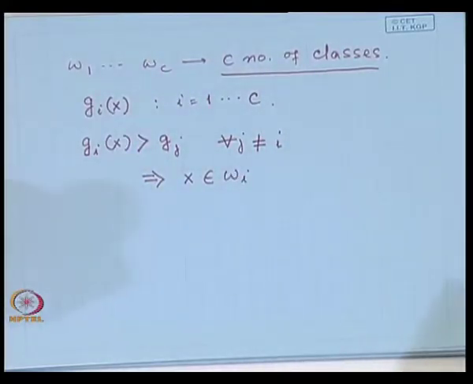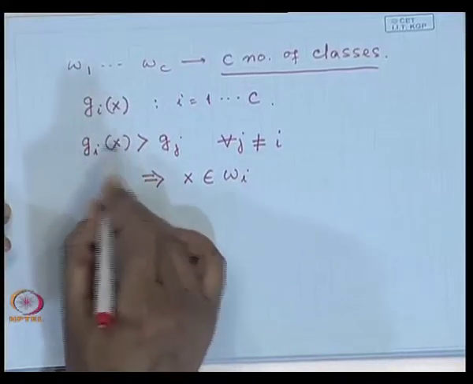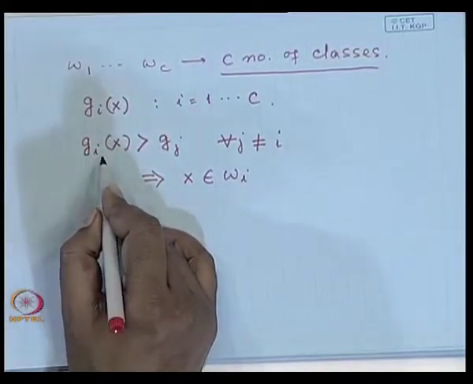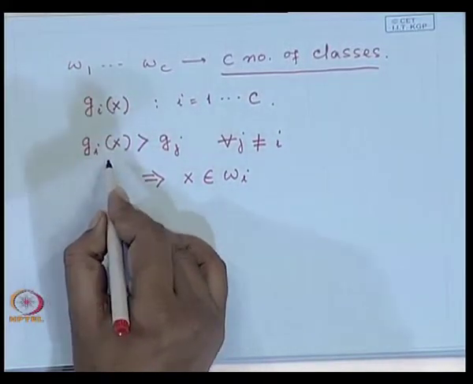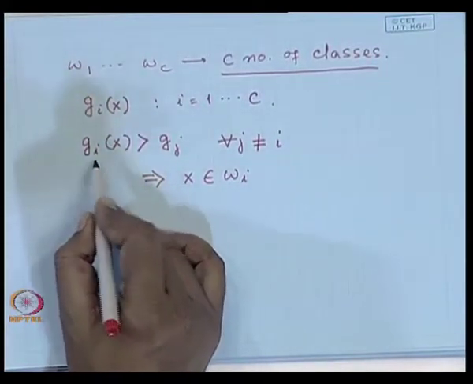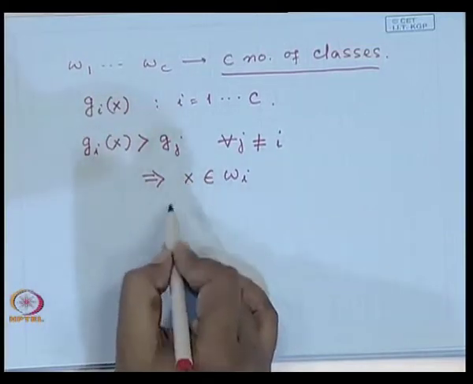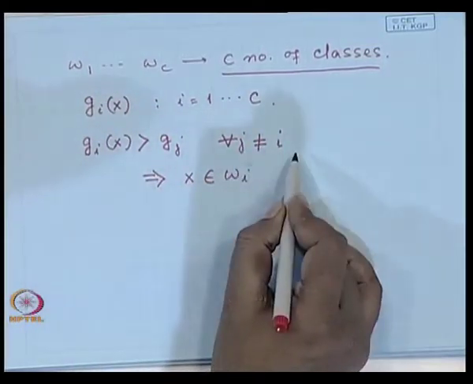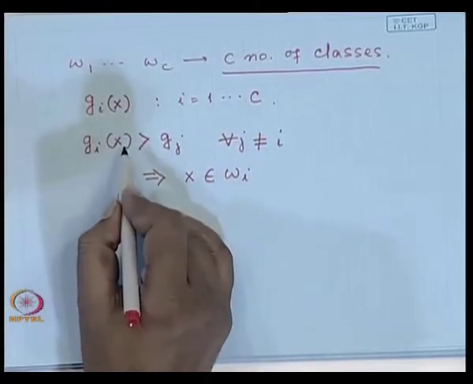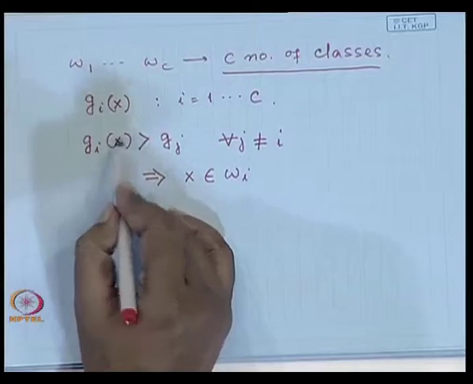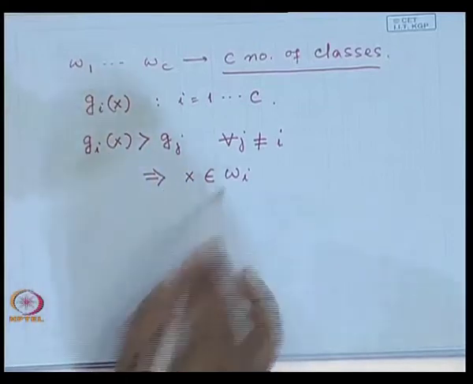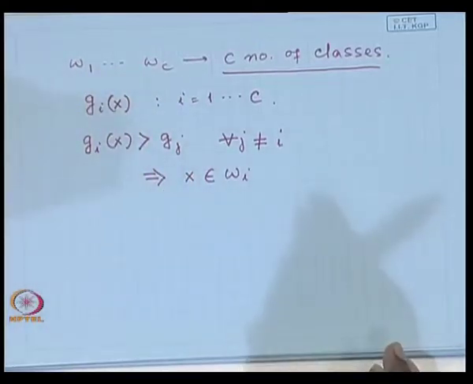This means that whichever class i gives the maximum value of the discriminant function g i x, I put x into that corresponding class.